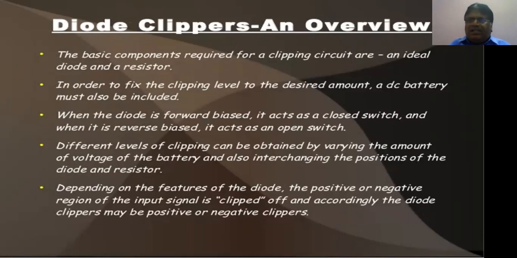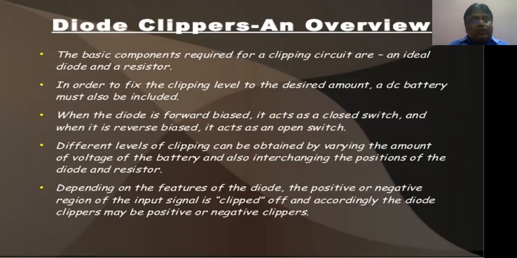Diode clippers, an overview. The basic components required for a clipping circuit are an ideal diode and a resistor. These two components are very, very essential in clipping circuits. Next point: in order to fix the clipping level to the desired amount, a DC battery must also be included.